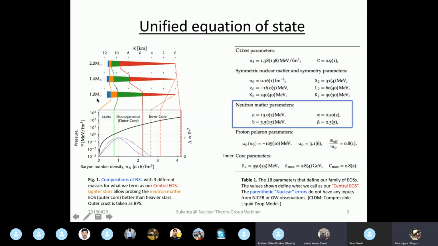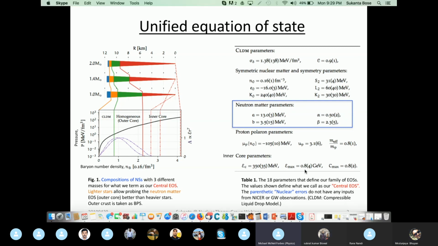I mean, the best we can do, you can look at it on a case-by-case basis, but these purple curves give you a heuristic, showing you where the contribution is coming from. For our central values of the parameters, we are mostly dominated by the homogeneous matter and the inner crust, and there's very little contribution from the outer crust.